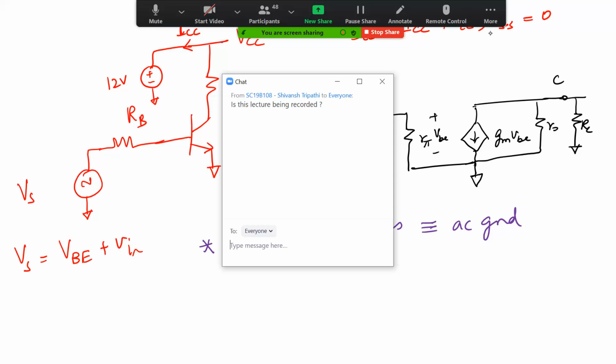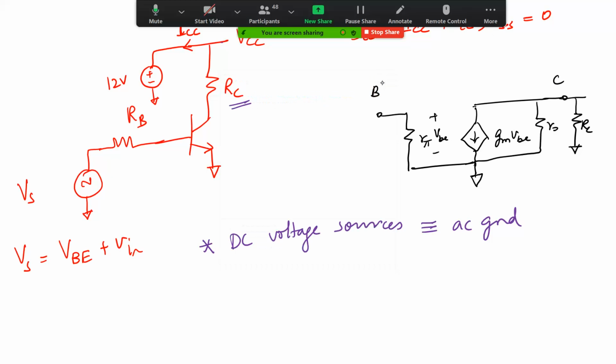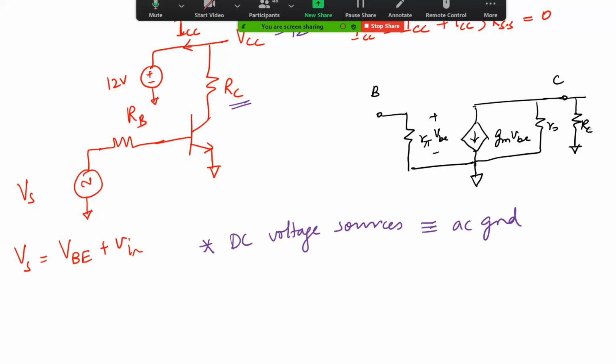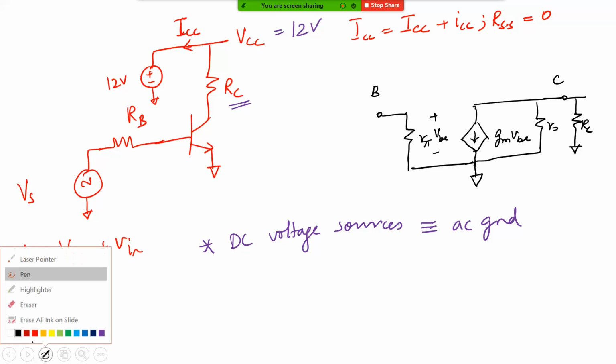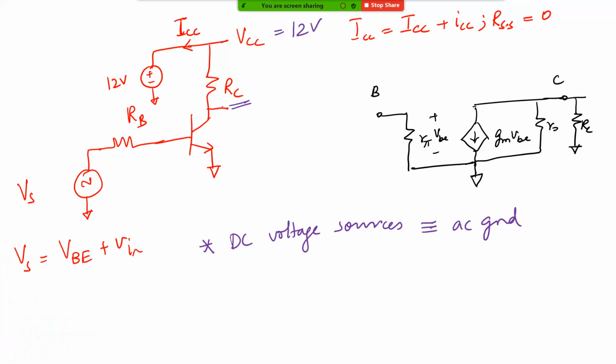One end of RC is connected to the collector, and the other end is connected to AC ground, because this is an AC small signal circuit that we are looking at. Let's say this is our vout node, so the collector node can be labeled as vout.